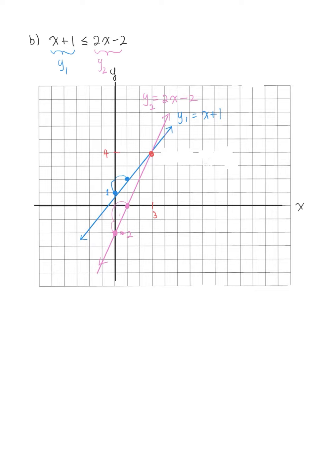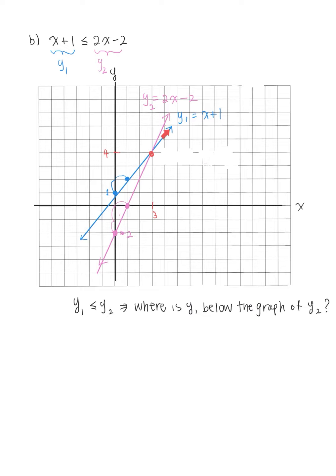So basically, we got these situations going on. Where is y1 less than or equal to y2? Which is the same thing as saying, where is y1 below the graph of y2? So let's investigate that. So here is your y1, here is your y2. So where is y1 below the graph of y2? I think that's from 3 all the way up to infinity, isn't it?